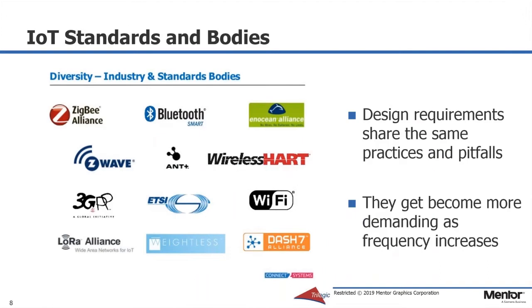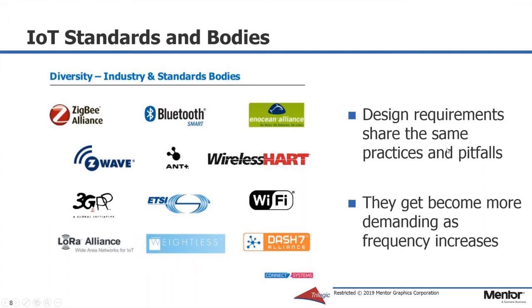So there are several IoT standards being employed today. You have Zigbee, which we all are familiar with, and Bluetooth, which has been around for quite some time, named after the old King Harald Bluetooth, who united the Scandinavian kingdoms many years ago. We also have Z-Wave, which has really exploded, with over 200 million products in the field, and there are several other standards. One thing that these standards all have in common is they have the same design requirements.